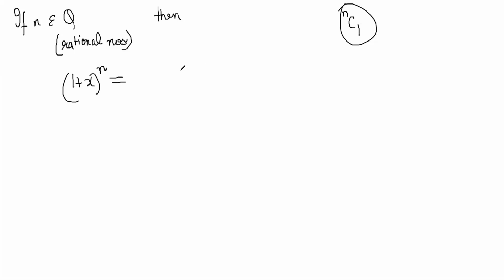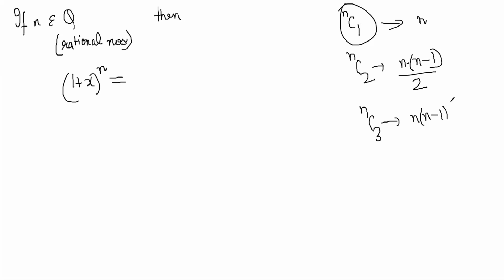So actually the expansion of this, if you write it down in terms of n, is just n. What is nC2? It is n into n minus 1 by 2. nC3 is n into n minus 1 into n minus 2 by 1 into 2 into 3, right? So the expansion of this is actually the same thing, but just written like this.